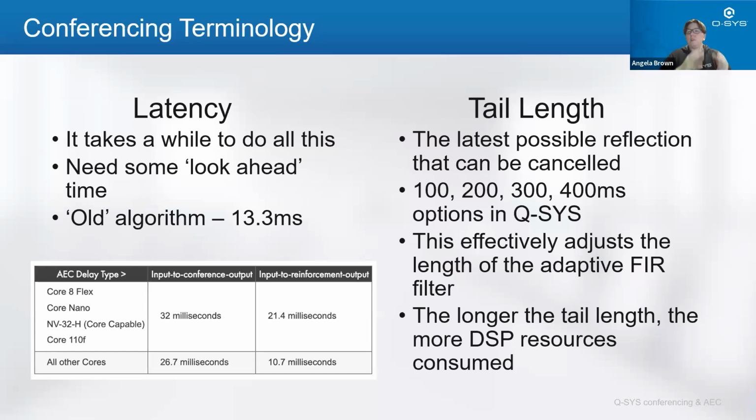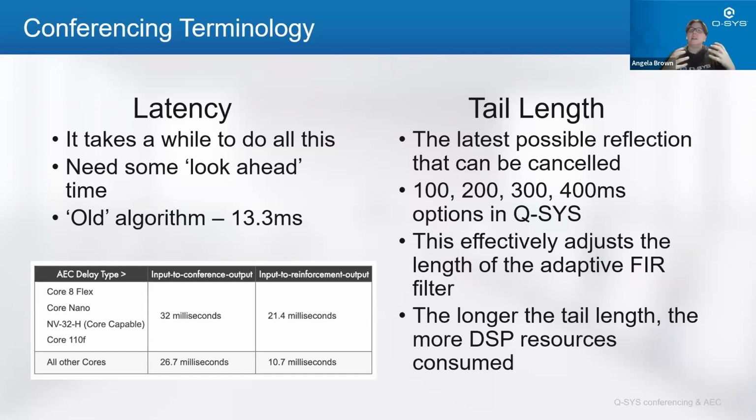So if we have a longer time between the direct signal and our reflection signals, we need to have that longer time where it's looking for reflections to be canceled. The times where I've used a longer tail length are in bigger rooms, in training rooms, in auditoriums.